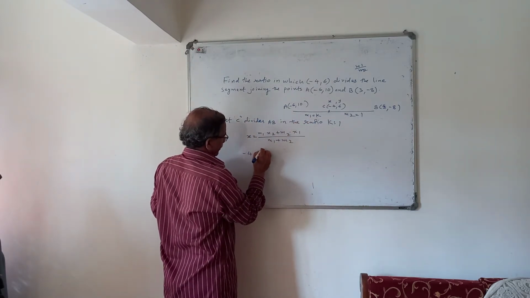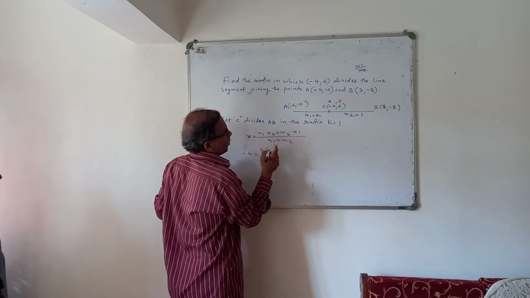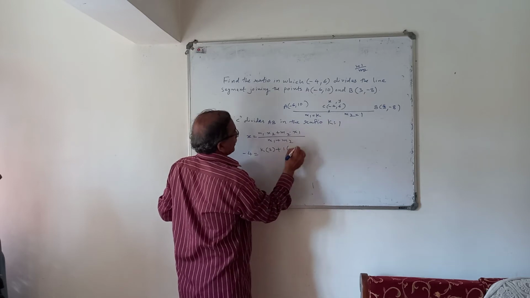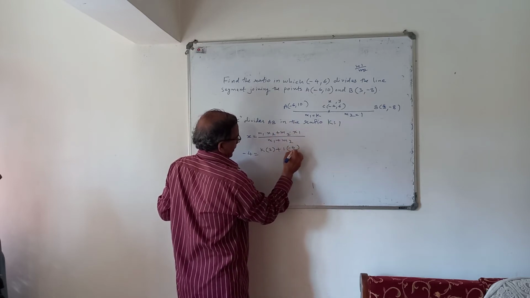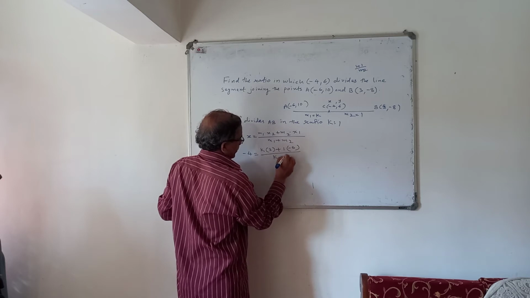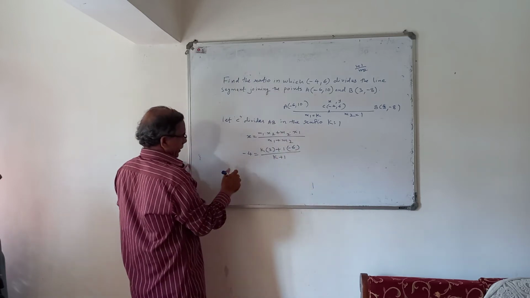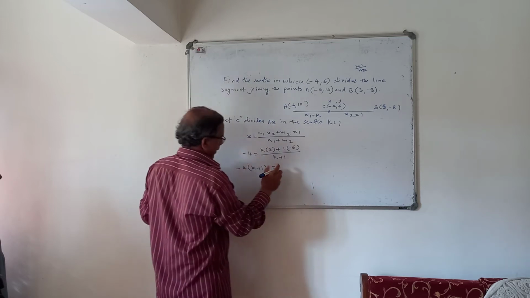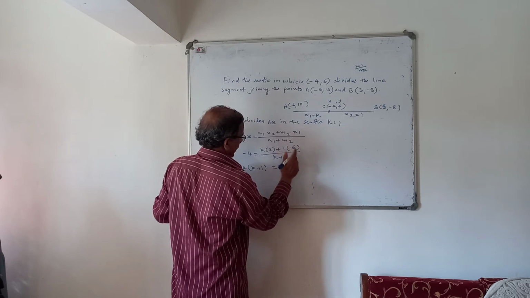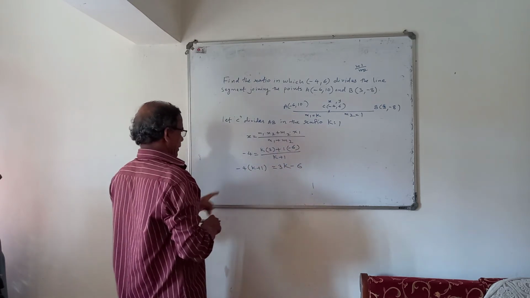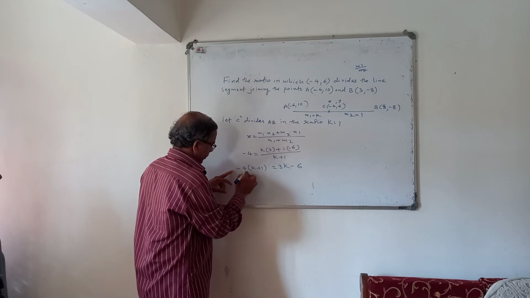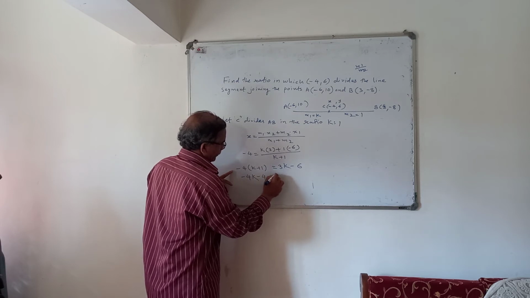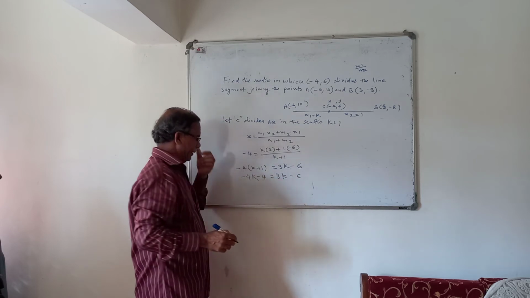M1 means k we have taken, into x2, what is that? 3, plus m2 means 1 into x1, minus 6, upon k plus 1. So this will multiply here: minus 4 into (k plus 1) should be equal to k into 3, means 3k, plus 1 into minus 6, minus 6. Now you simplify this bracket: minus 4k minus 4 equals 3k minus 6.